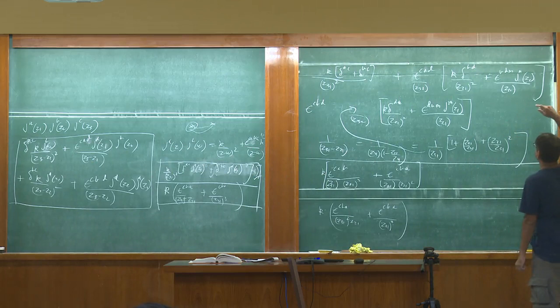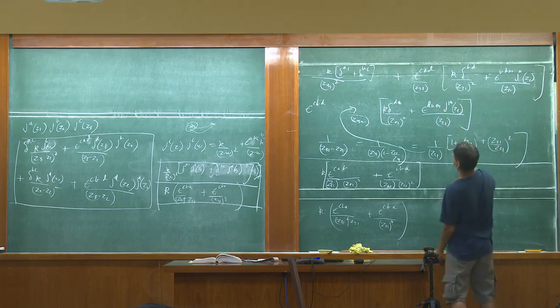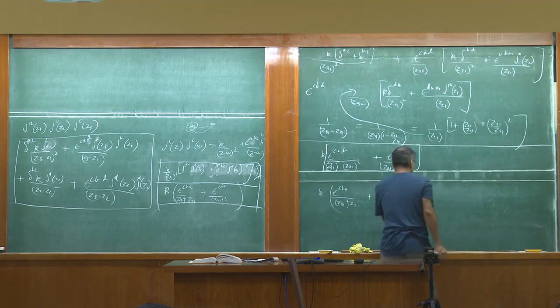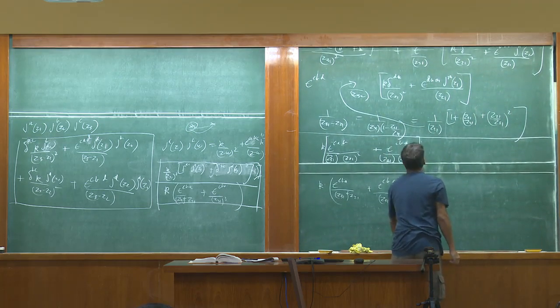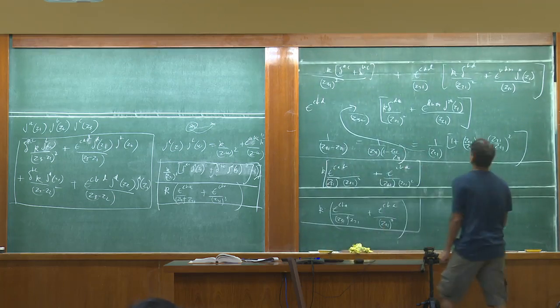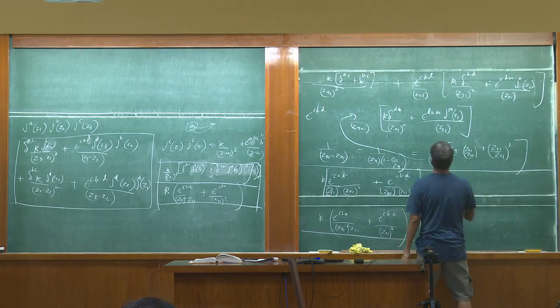So the terms that involve two epsilons. So there was that term with two epsilons and this term with two epsilons. So let's look at them one by one. So let's look at this term with two epsilons. So that's epsilon.